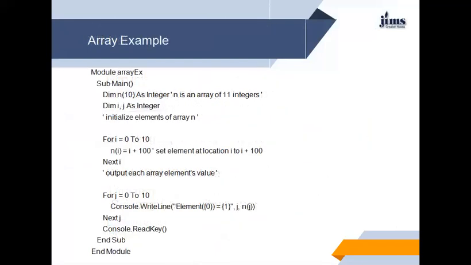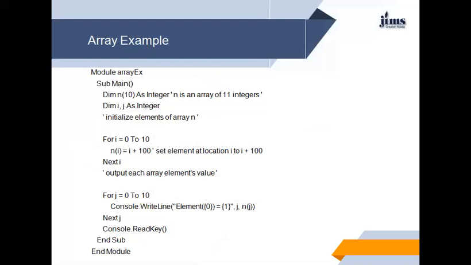Now let's see a very simple example of array. In VB.NET, when you are creating a program, a module is there. When you are writing a program in the IDE, integrated development environment, it will automatically make the module. So Module ArrayExample, here we are creating a sub procedure Sub Main.